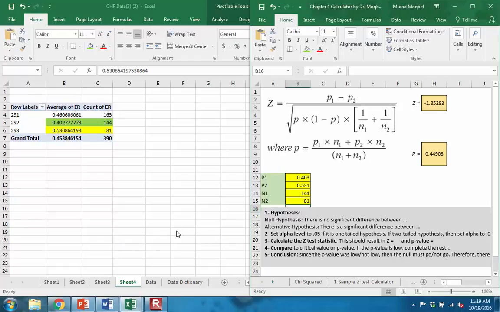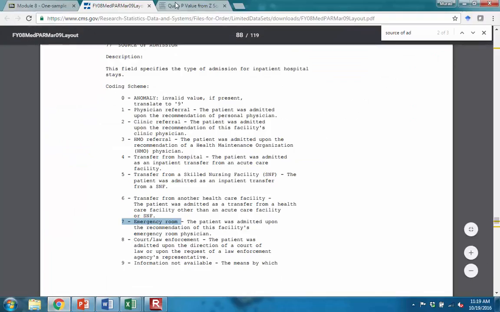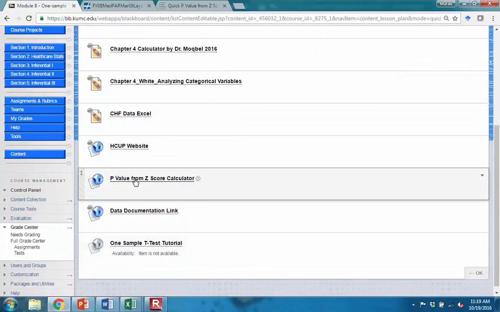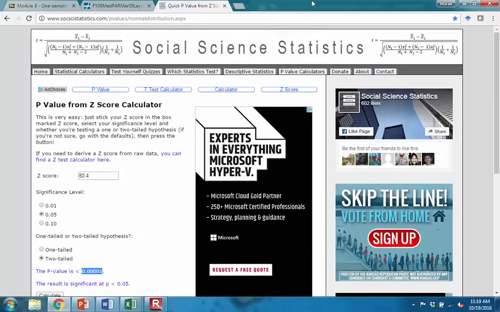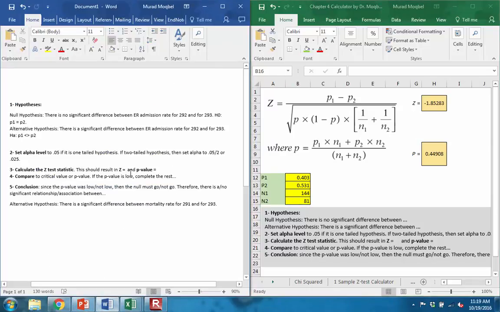So let's see, in this case I will just go to the calculator that we have identified here, p-value for z-score, and I will put this z-score that we just got. So the z-score we got here is negative 1.85.